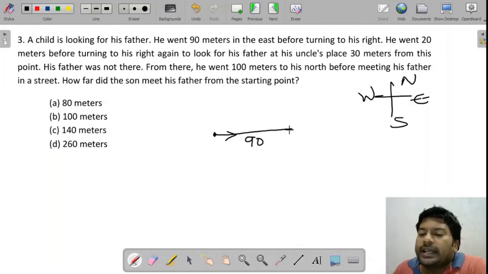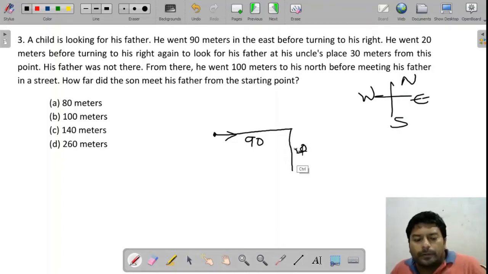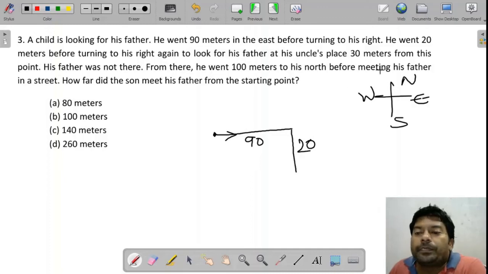He has moved 90 meters and turned right. He went 20 meters before turning right again. So after moving 90 meters, he turned right and traveled 20 meters, and again he turned right.